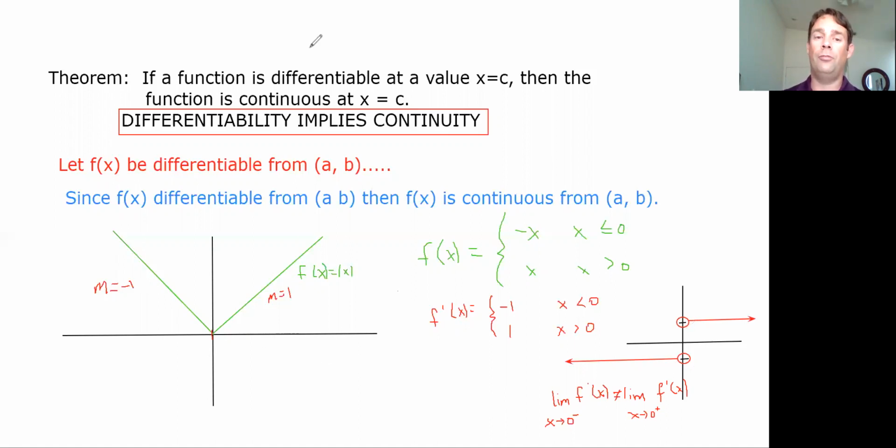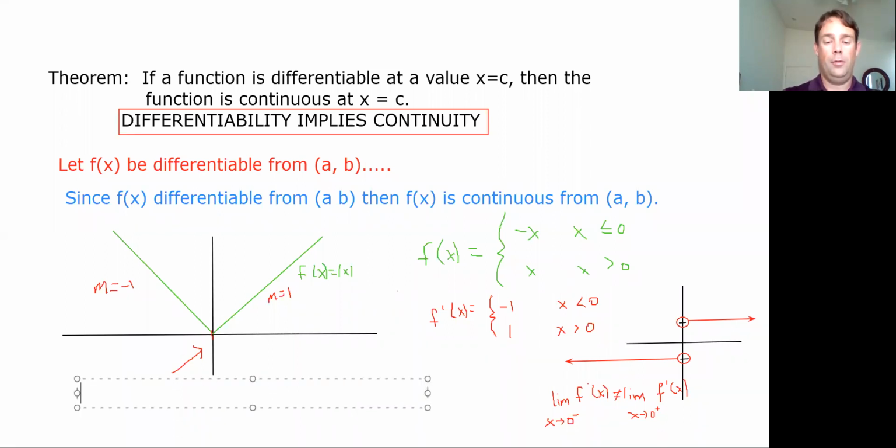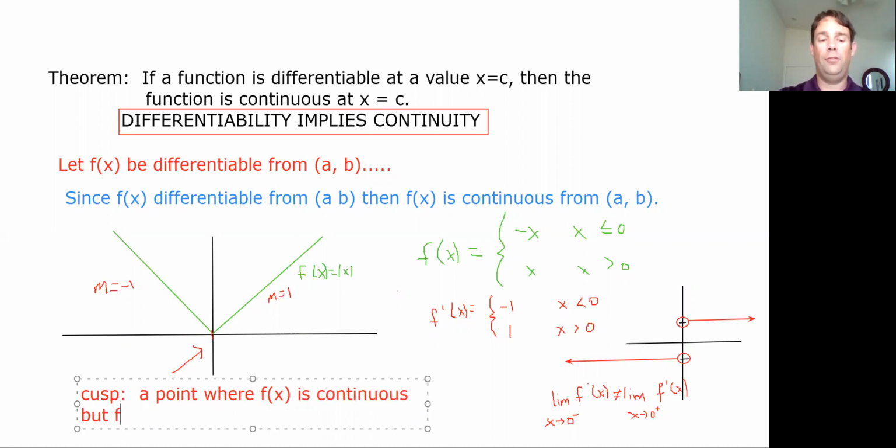This kind of point actually has a special name. Call it a cusp. There it is. Call it a cusp. It's a point where f of x is continuous, but f of x is not differentiable.